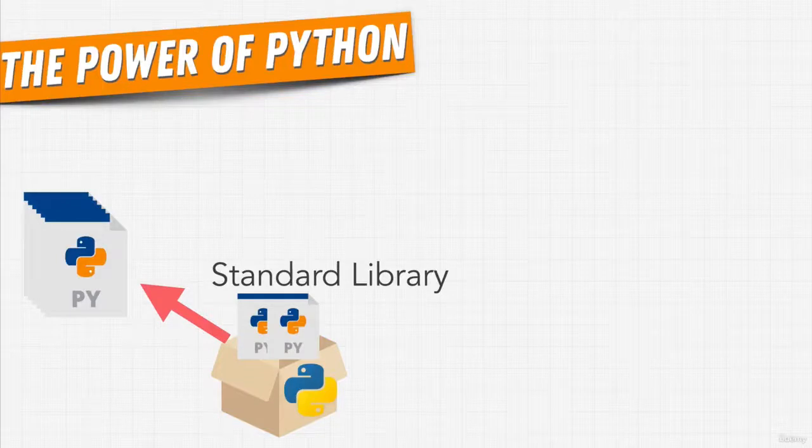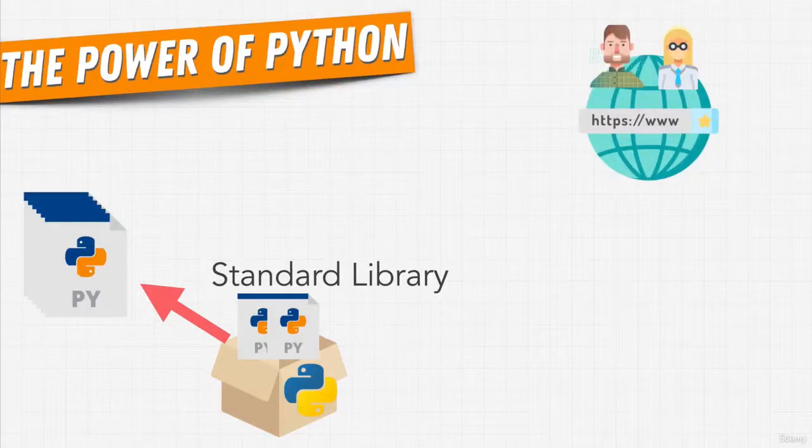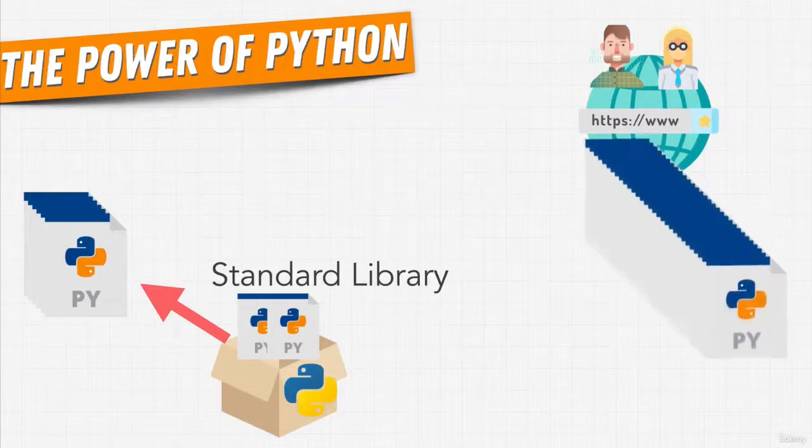But the true power of Python, and I argue the reason that Python is such a big part of any company in this day and age, and why Python has just exploded in popularity, is because of this third part. It's because of developers like you and I who have the ability to create our own Python files, thousands, millions, trillions of Python files, and actually share them with each other.